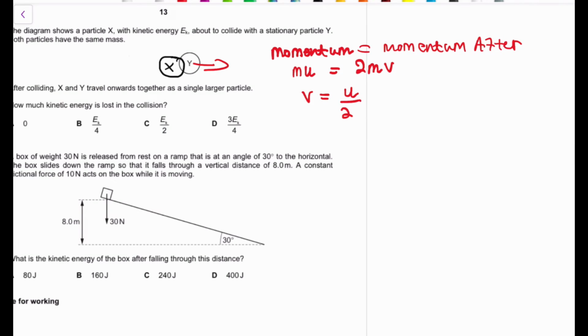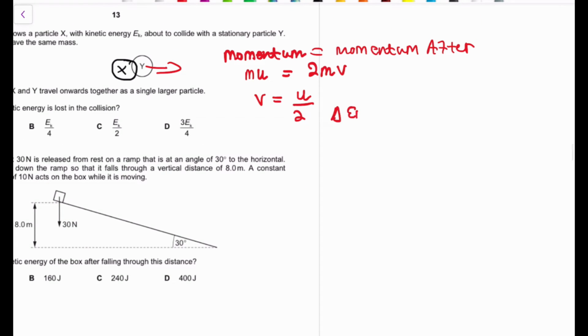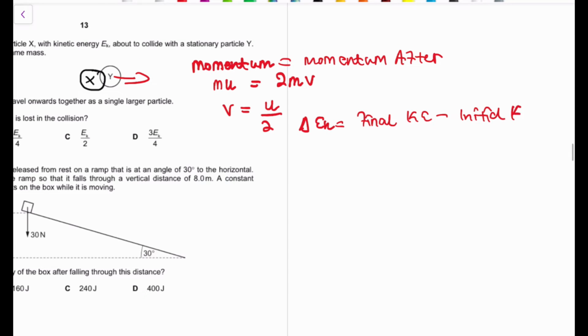So you can look at the difference in kinetic energy before and kinetic energy after and see what the change has been. The change in kinetic energy is going to be the final kinetic energy minus the initial kinetic energy.